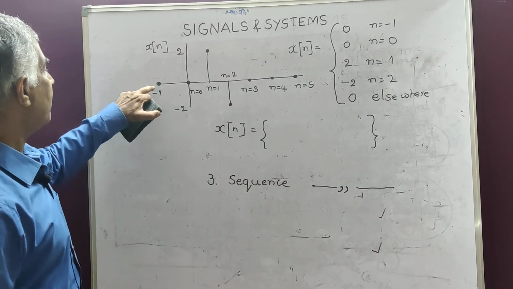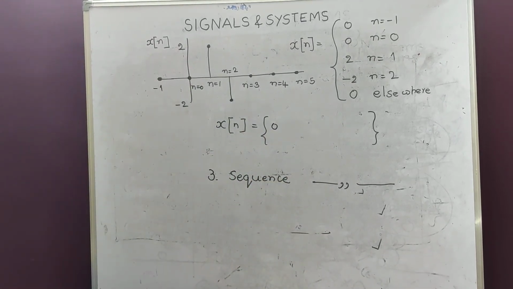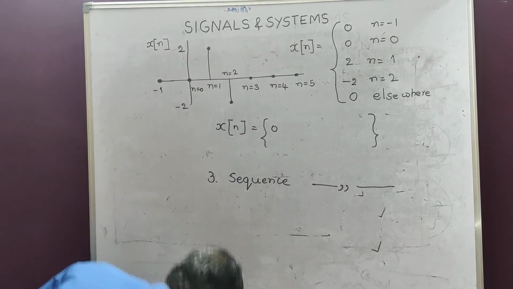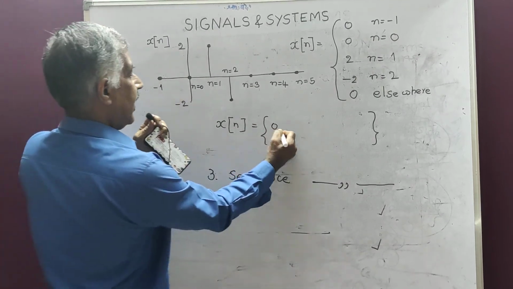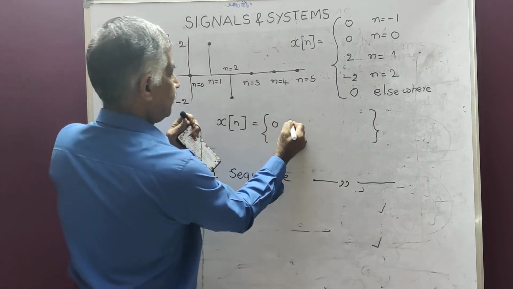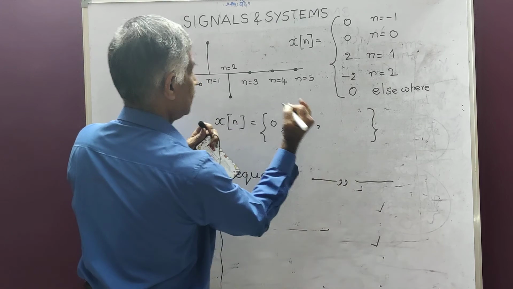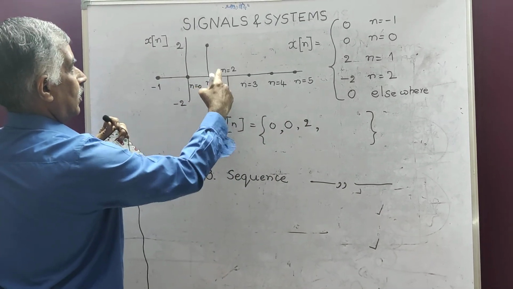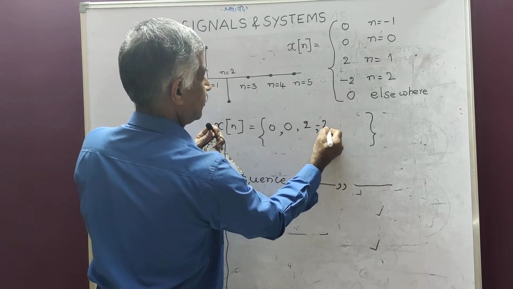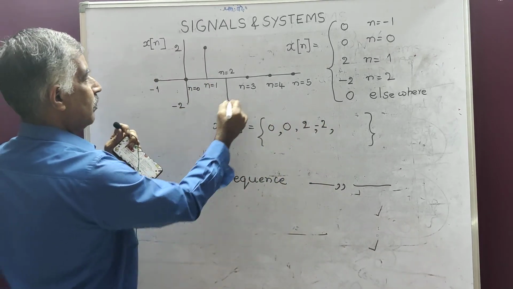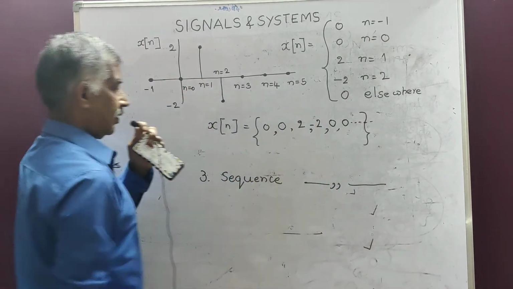Here 0, then 0, next 0, 2, next minus 2, 0, 0, etc.